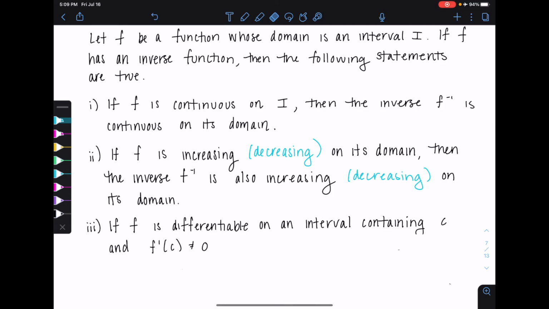Now, if f is differentiable on an interval containing c, and as long as the derivative is not equal to 0, then the inverse is going to be differentiable at whatever that value was. So this is going to help us with finding the actual derivative of an inverse.